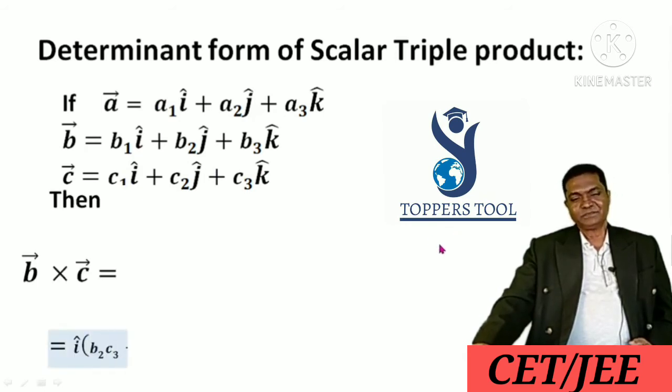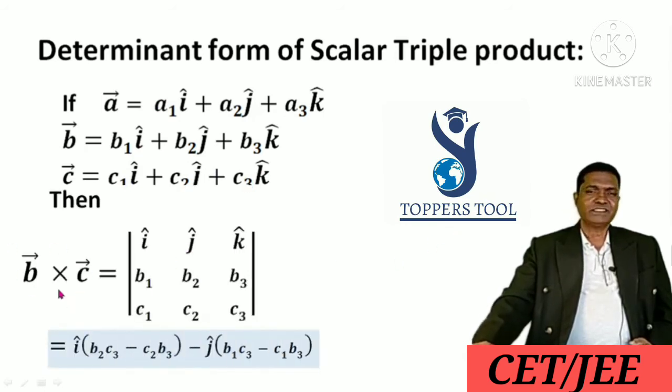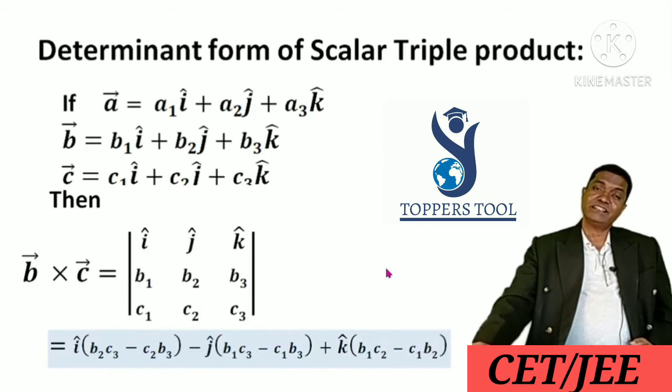Then see here, what will be B cross C? As we have studied earlier, the cross product of two vectors in determinant form is given by this i, j, k determinant. The second row is B1, B2, B3 and the third row is C1, C2, C3. Expand this, and you will come up with this.